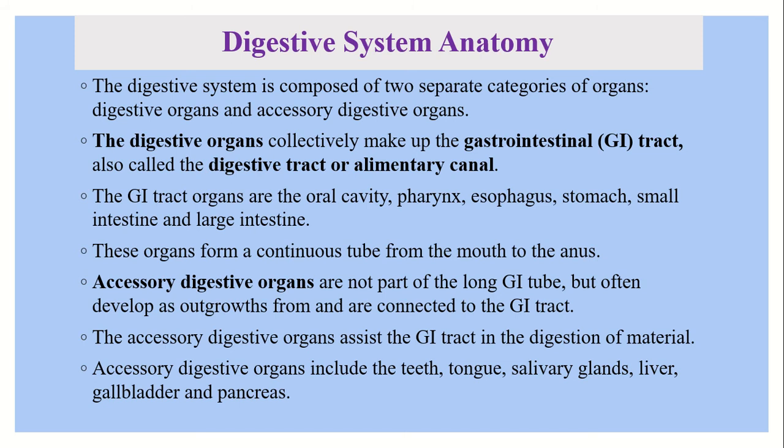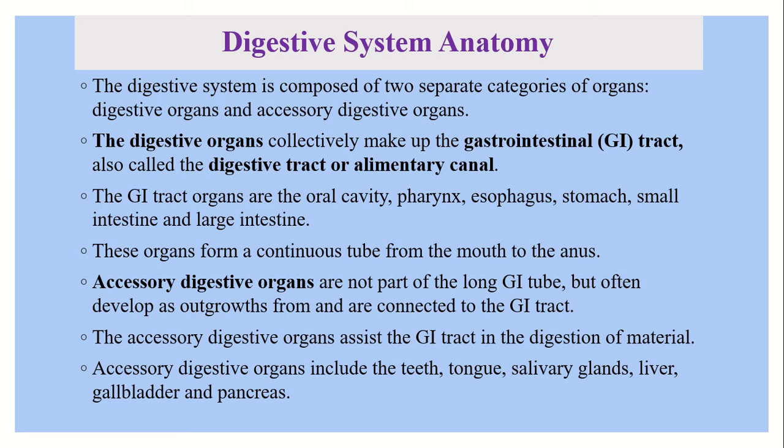I hope you remember from the anatomy course the structure or morphology of the digestive system, that is composed of two separate categories of organs. First, the digestive organs and the accessory digestive organs. The digestive organs collectively make up the gastrointestinal tract.